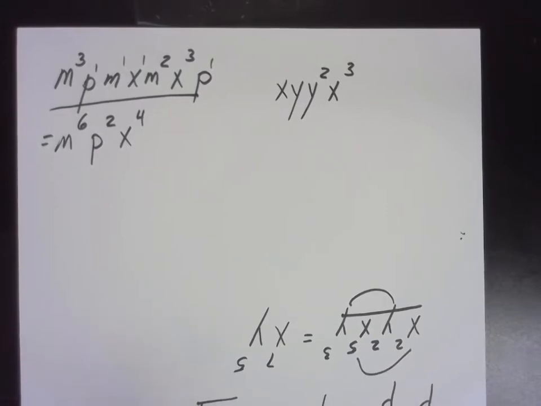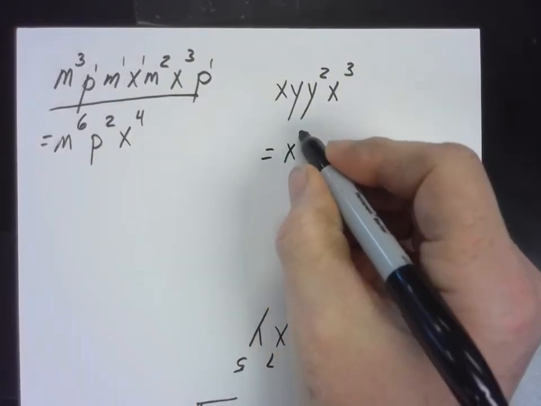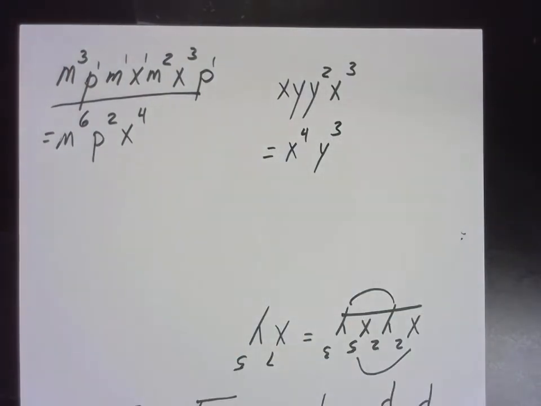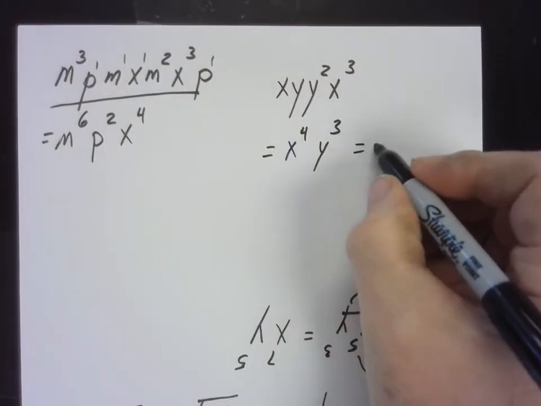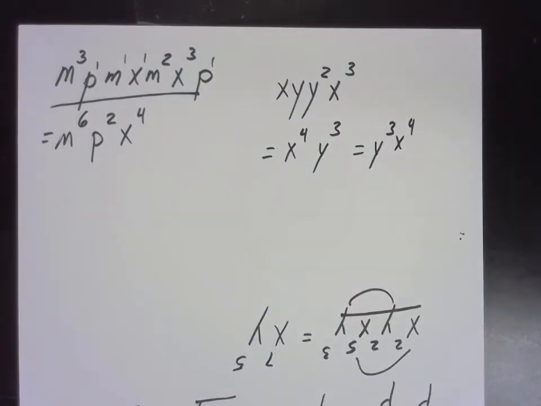You done? Okay, so we have x to the 4th and y to the 3rd. That's it. You did it. Now, does anybody have it in the opposite order? If you do, you're still right, aren't you? It doesn't matter what order the factors come in. So that's it. That's all there is to it.